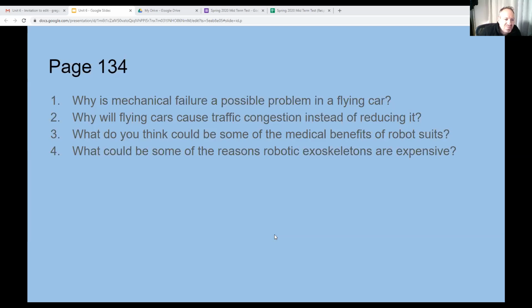Number 4, what could be some of the reasons robotic exoskeletons are expensive? Well, I would think obviously the suit, the exoskeleton, will have to fit each individual person. So it would need to be specifically made, custom fit for each person.